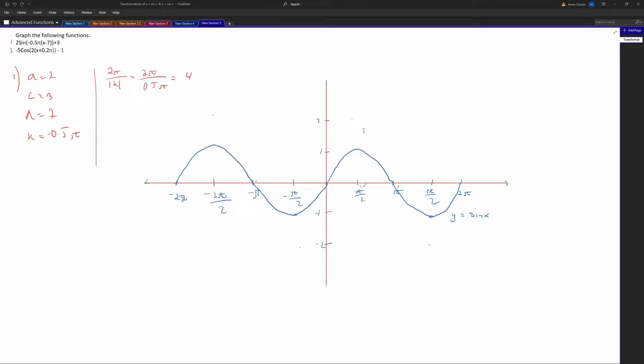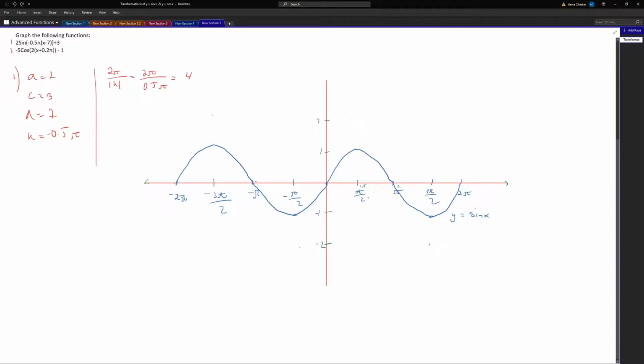Since we know our period is 4, we actually need to work with our x-axis a little bit more. So for example, since we had everything in pi's, we actually need to find the round measurement in radians. So pi over 2 is approximately 1.5, pi is 3.14, 3 pi over 2 is around like 4.7 if I'm not wrong.